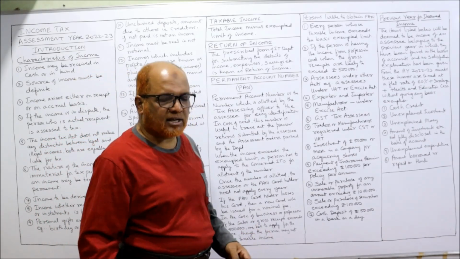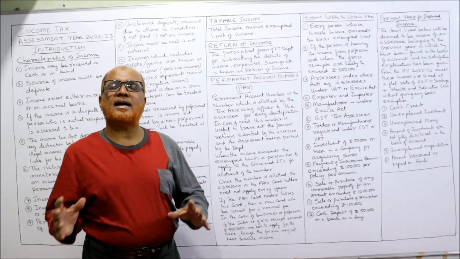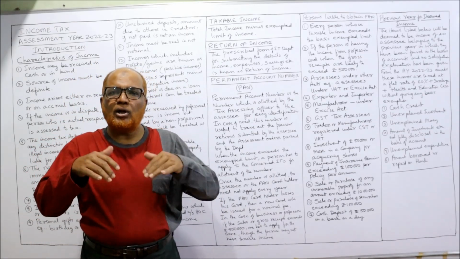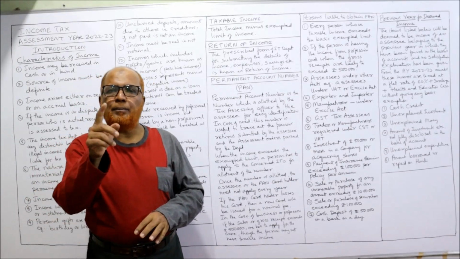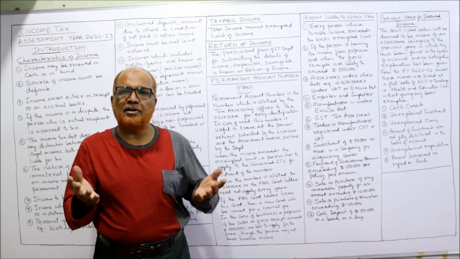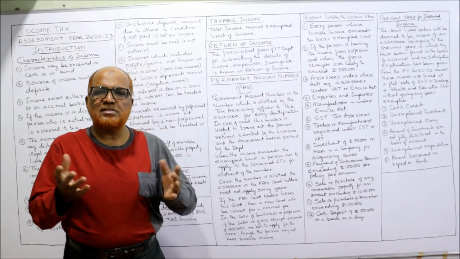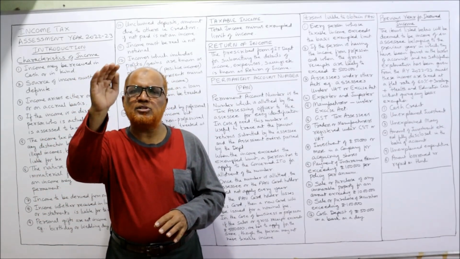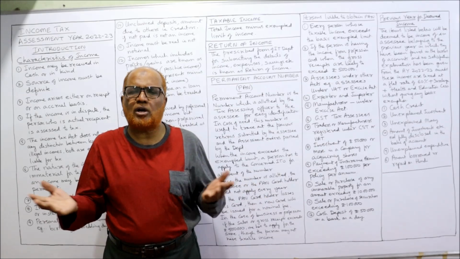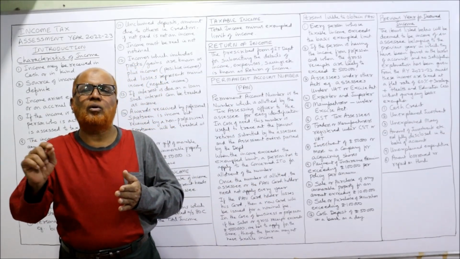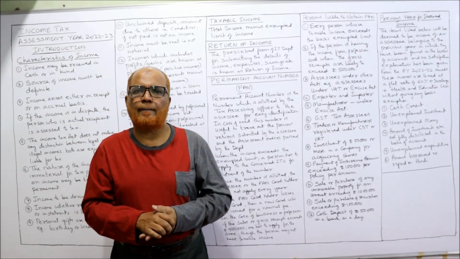Next is unexplained expenditure. The Income Tax Act says, if a person escapes by not showing the income, the person will be caught in expenditure. It will be treated as his income. Example, Mr. X is not paying the tax, claiming that his income is below the basic exemption limit, that's why he is not paying the tax. But later on, he purchased a brand new car for rupees 50 lakh.